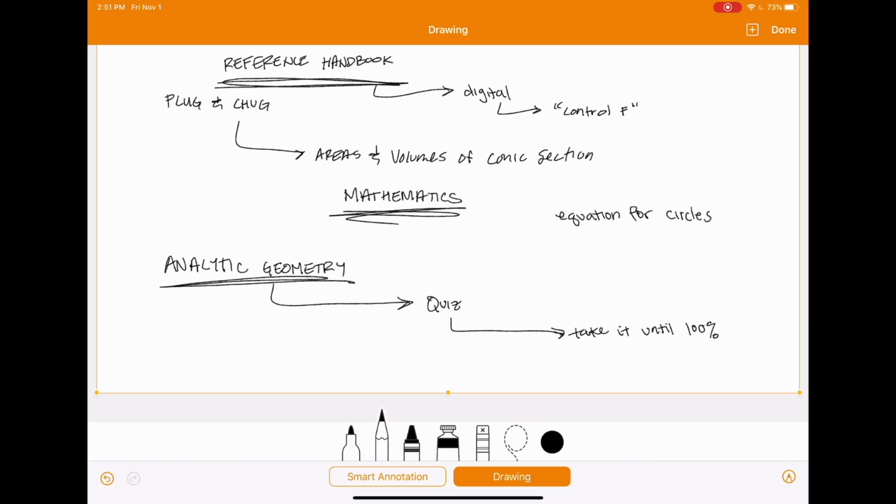And also keep taking it until you can do it, oh gosh, I would say in probably like 20 to 25 minutes. All right, you want to be able to look at these questions and just know automatically what to do. The faster you can do them, the better, because it'll save you time and give you more time for harder, more complicated concepts. So again, do the quiz till you get 100%, and then also make sure that you're doing it within about 20 to 25 minutes.